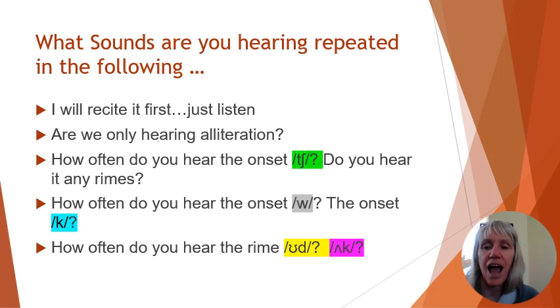So we hear how much wood, that's 1, could 2, a wood 3, chuck if a would, we hear wood again, that's 4, chuck if a woodchuck could, so we hear it again, chuck wood. So there's 5 times for that would sound. It's in would and could. So it's been repeated 5 times.